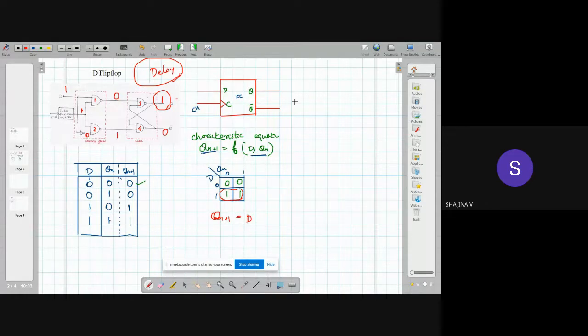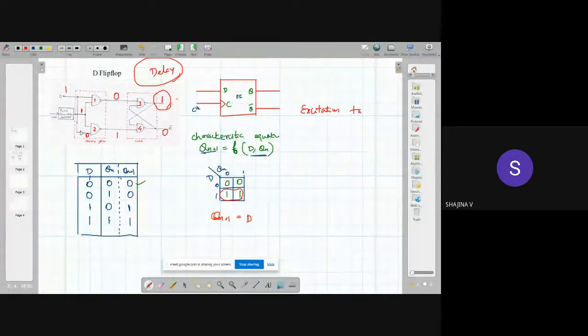Okay, so that is the characteristic equation for D flip-flop. Now, next excitation table. So we can write the excitation table for D flip-flop. So for excitation table, we have to write present state, next state, and required input, right?